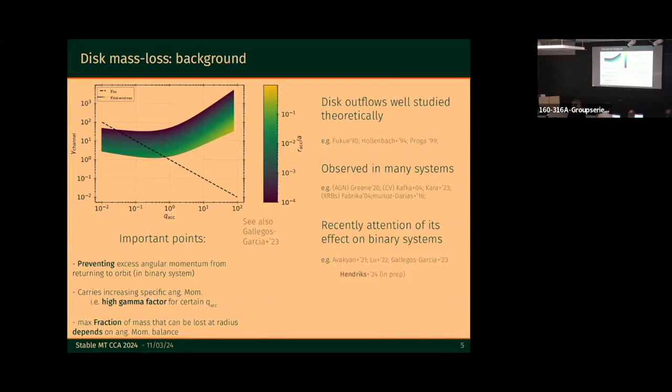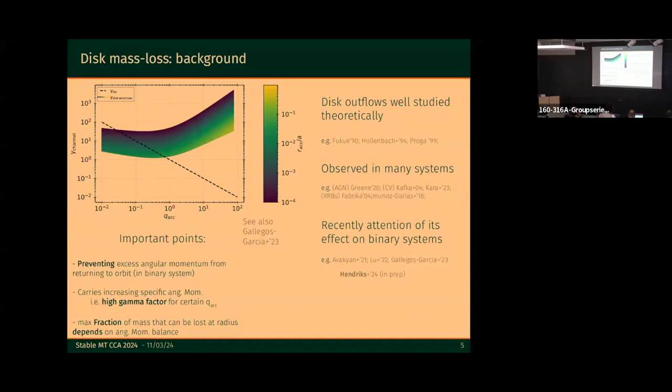If mass is lost from this accretion disk, it prevents this angular momentum from returning to the orbit. It's already extracted from the orbit, but usually it's assumed to be returned to the orbit if no disk mass loss is included. So if you do lose it, this angular momentum is prevented from returning to the orbit.